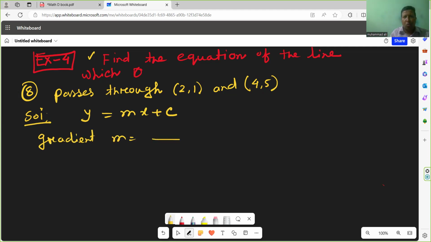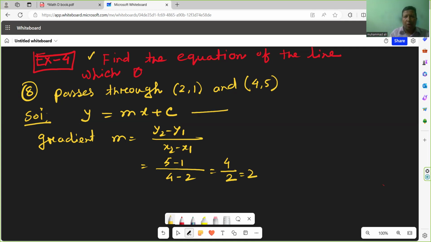So the gradient m equals y2 minus y1 divided by x2 minus x1. We put here 5 minus 1 divided by 4 minus 2, so it will be 4 by 2. So the gradient is 2. Now we put it in equation 1. Therefore, y equals 2x plus c.